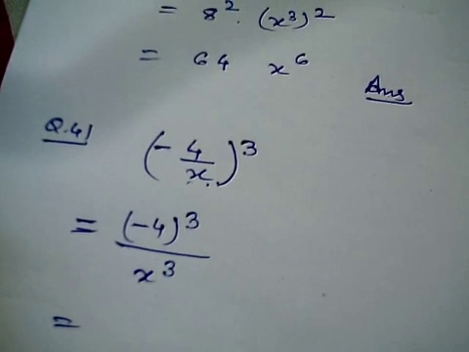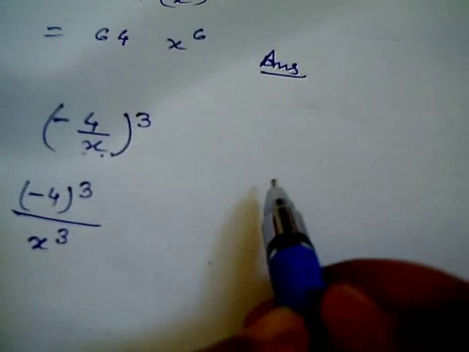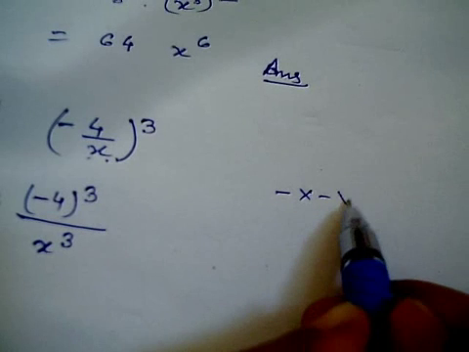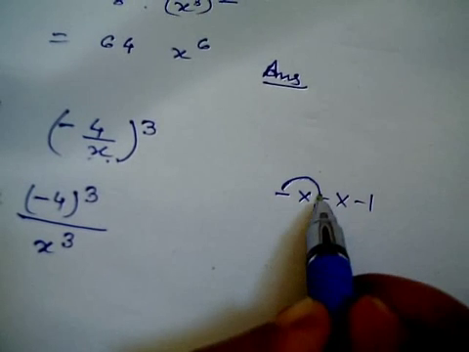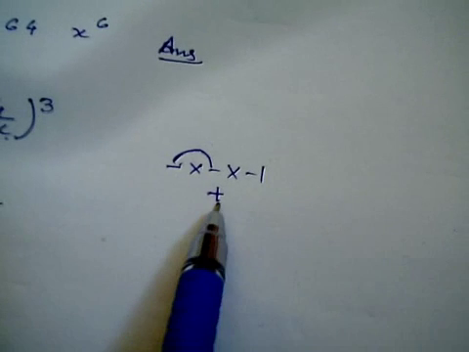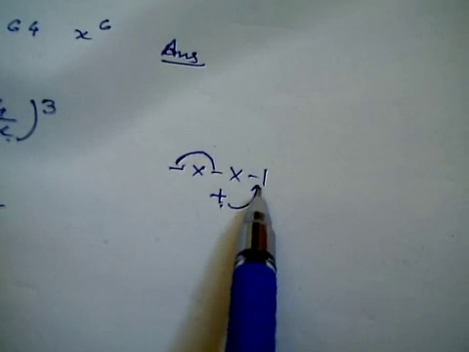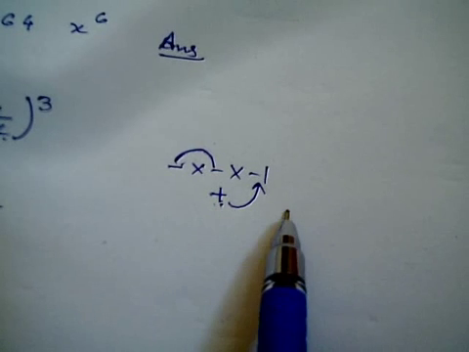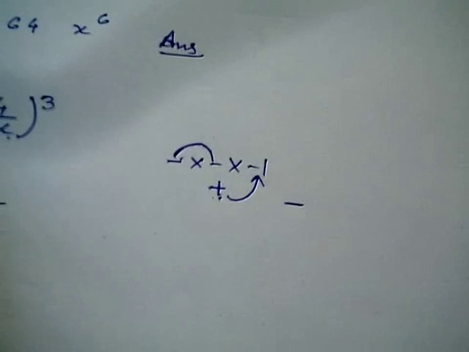So when I multiply the negative number 3 times, negative times negative is positive, and then positive multiplied by negative is negative. So ultimately the resultant sign is going to be negative.